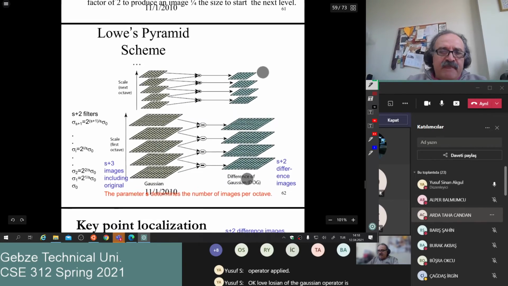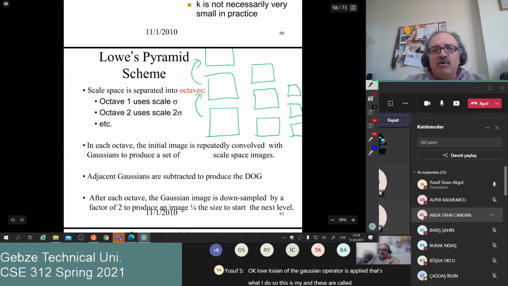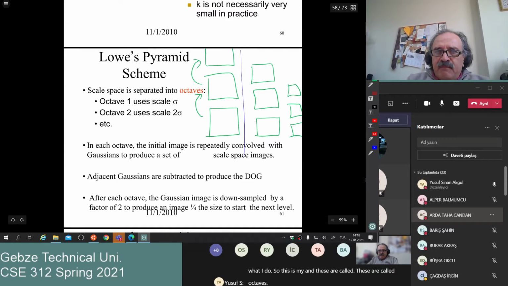That's what I do. These are called octaves. So I have 1, 2, 3 octaves: octave number 1, octave number 2, and octave number 3.